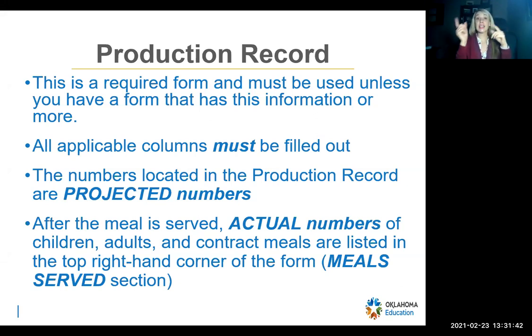Put that on there, because we use it as a recipe. The next time you go back to ask how many number 10 cans you opened last time, you're going to open 10, and then you're going to realize, because you didn't add the other 5, that you might be short again. So if you add anything in the middle of service, go back and add it to your production records.